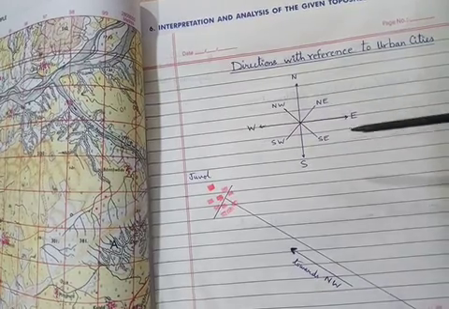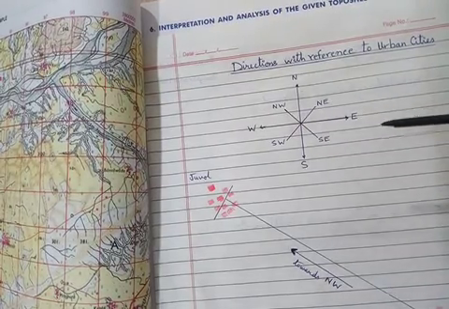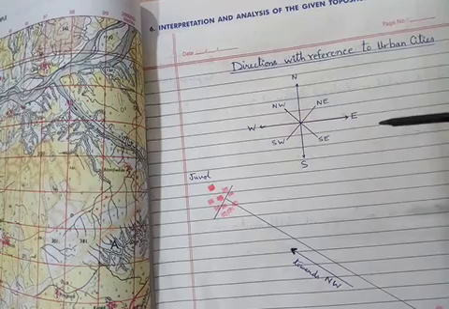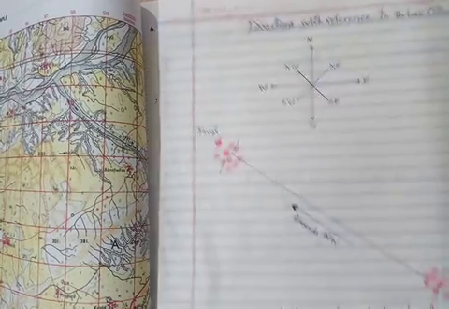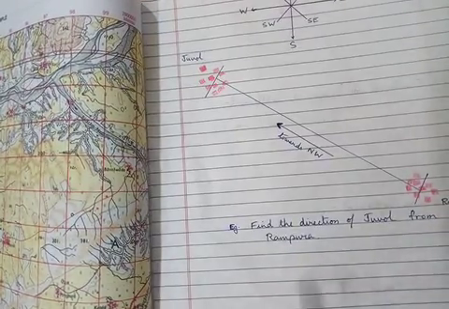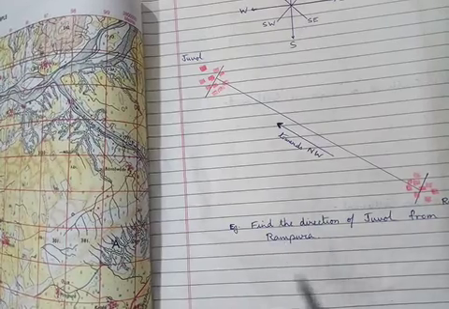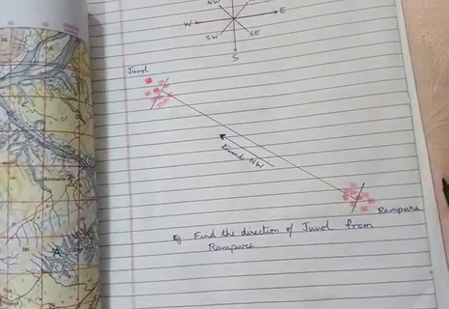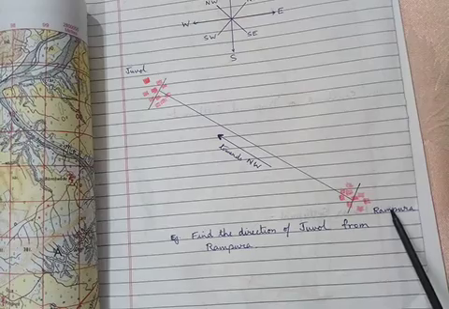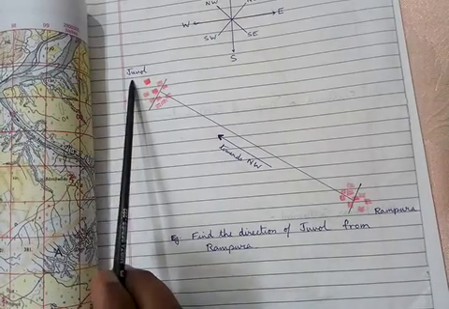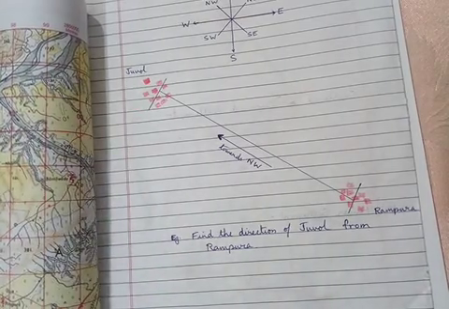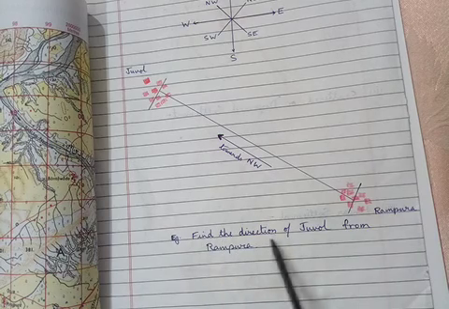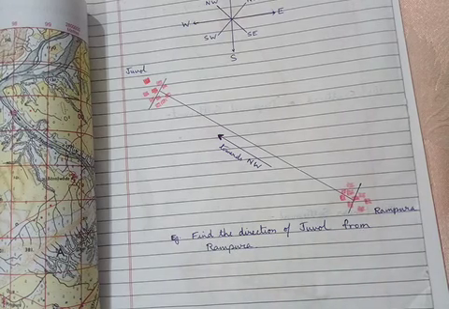So let's see how you will go. We are going to find the direction of one settlement from another one. There is one example given here. These are the two settlements. This one is Rampura and here it is Zuwal. Now the question is, find the direction of Zuwal from Rampura.